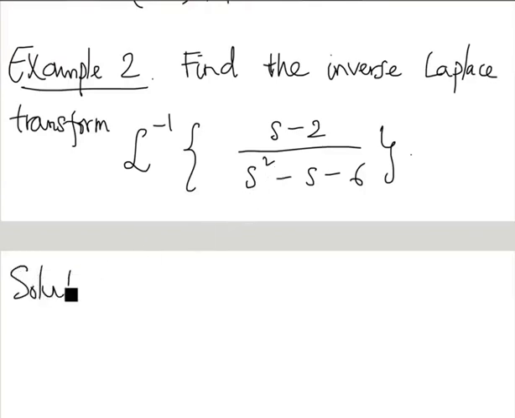And the tool to use is the old tool from your college algebra. Actually, you use that in calculus 2 as well, I believe. We use partial fractions.